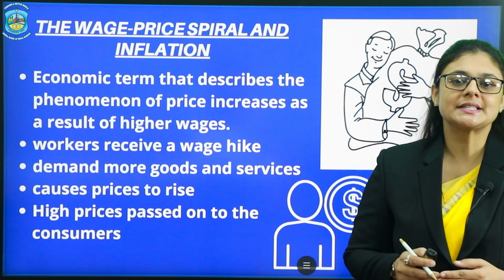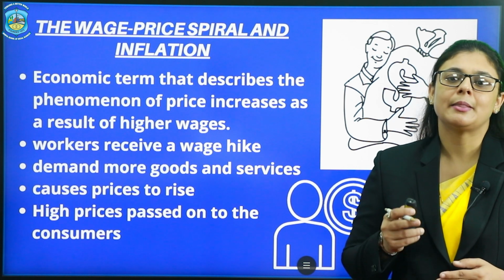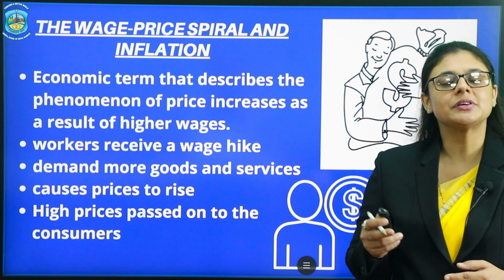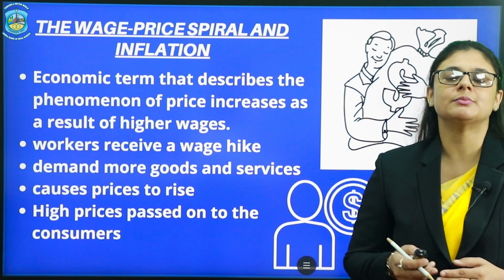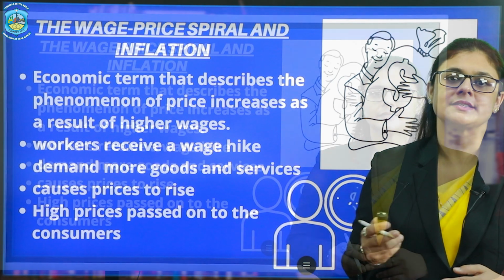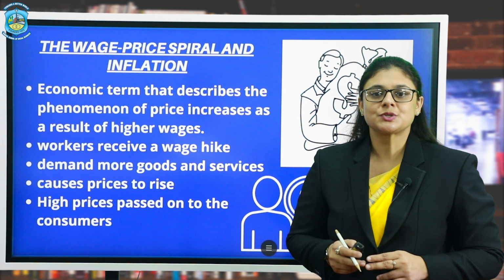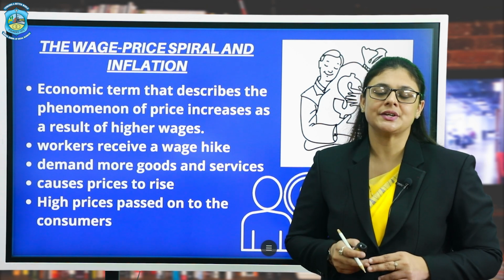With the wage increases, general business expenses also increase, and this increase is passed on to the consumer in the form of higher prices. It is essentially a perpetual loop or cycle of consistent price increases.